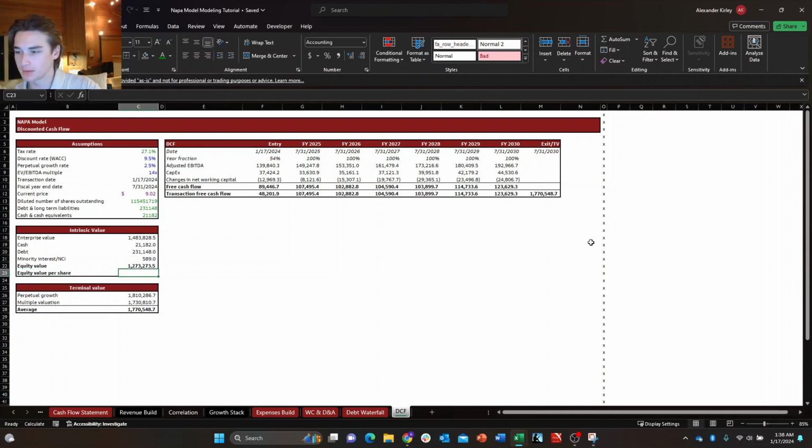Excellent. So now let's do equity value per share. Pretty straightforward, I hope. Oh, what did I do here? Excellent. So I'm going to take my equity value and then divide it by the diluted number of shares outstanding. However, I believe that this is not transformed into places, so I think that's it.